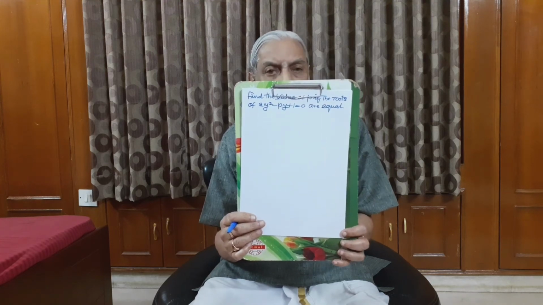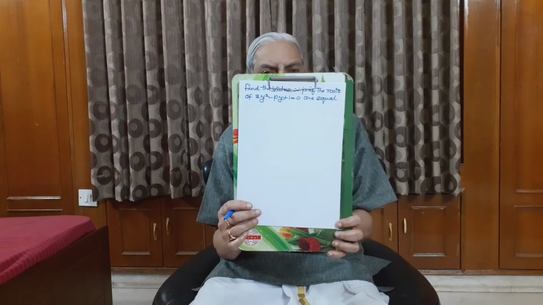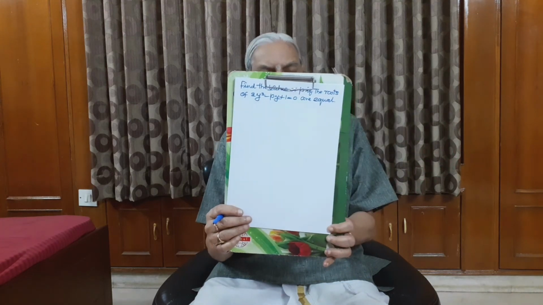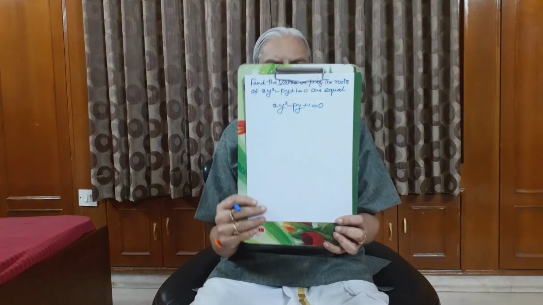Again, find the value of P if the roots of the equation 2y squared minus py plus 1 equals 0 are equal. So first of all, what is the first thing? You write the equation. What is the given equation? 2y squared minus py plus 1 equals 0.